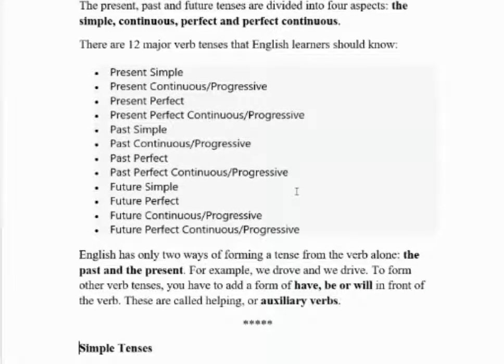But when we use other tenses, like the continuous or the perfect, we have to add helping or auxiliary verbs, like have, be, or will.